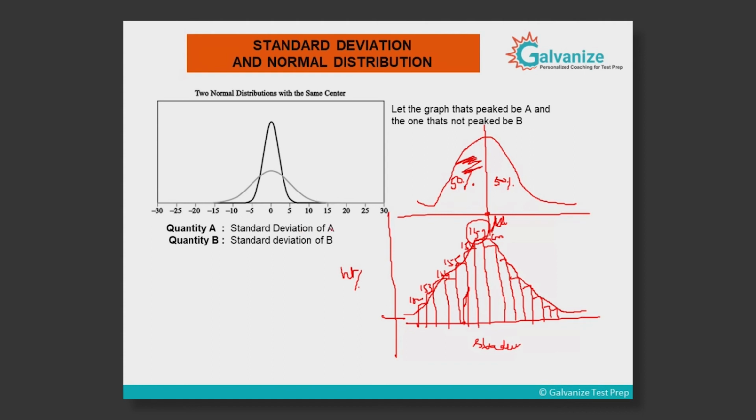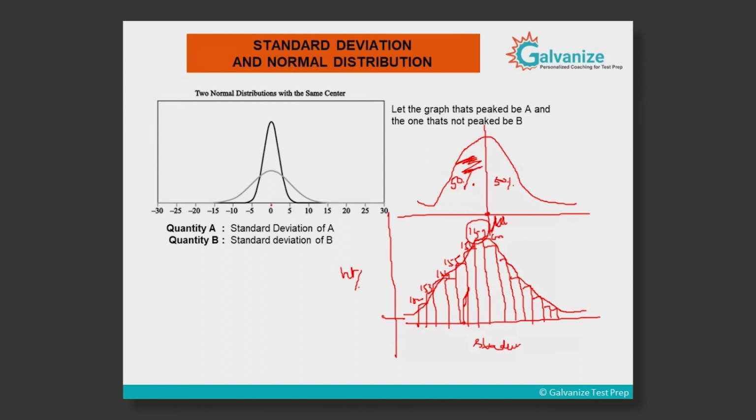Quantity A, standard deviation of A, quantity B, standard deviation of B. So here there are two normal distributions with the same center, which means the mean is here. This is the axis of symmetry, and this is one normal distribution, and another normal distribution. As you can see, one has a higher peak and the other has a greater base. As you can see, this data is more scattered from the mean.